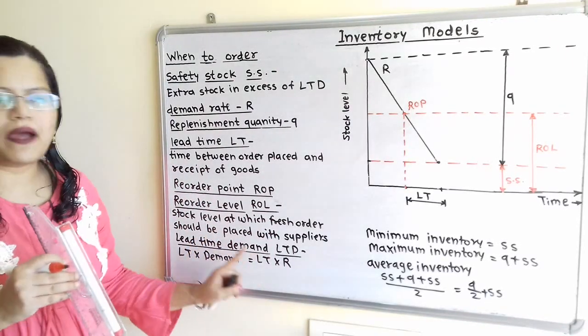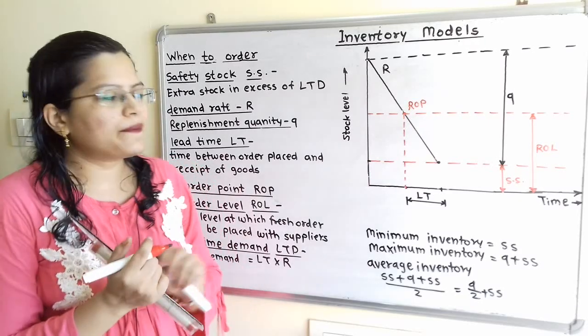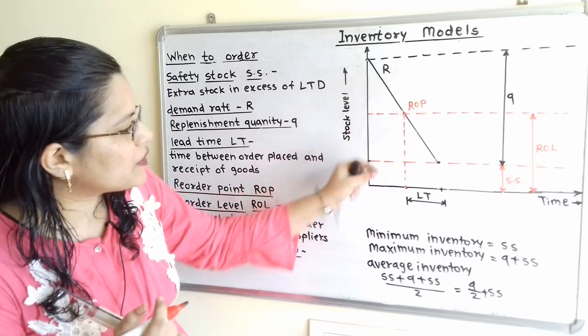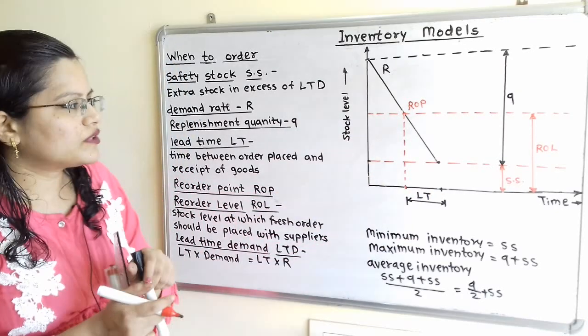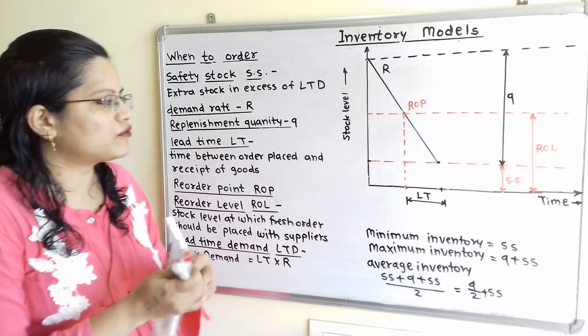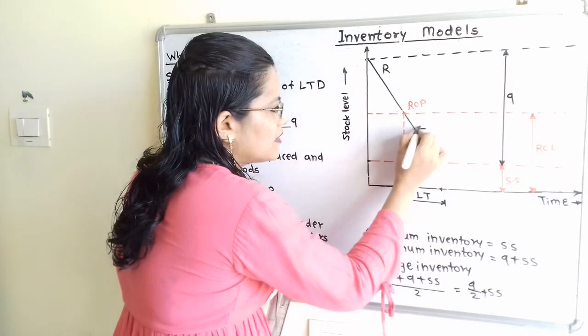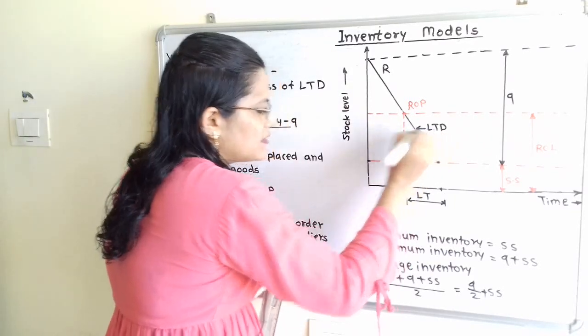Then lead time demand. Lead time demand means lead time multiplied by demand. So lead time demand is the demand during this lead time. So this slope indicates the lead time demand, and we have to indicate this slope as LTD, that is the lead time demand.